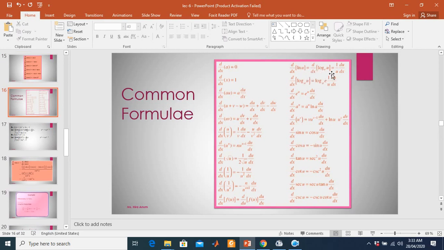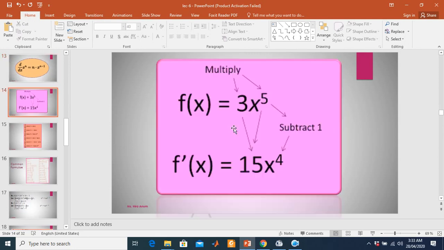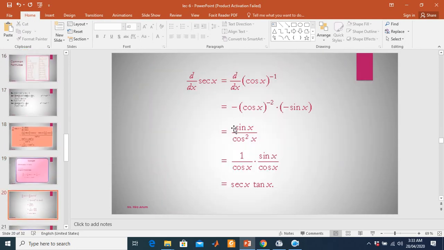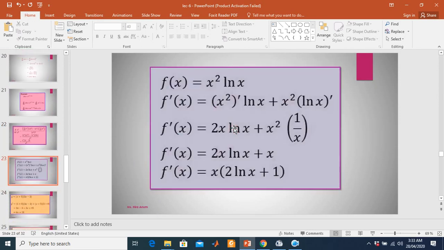The derivative of ln u is 1 over u. In this we also have it in x form. The derivative of ln x is 1 over x. So it becomes 2x ln x plus x, which equals x times 2 ln x plus x. We are taking x as common.